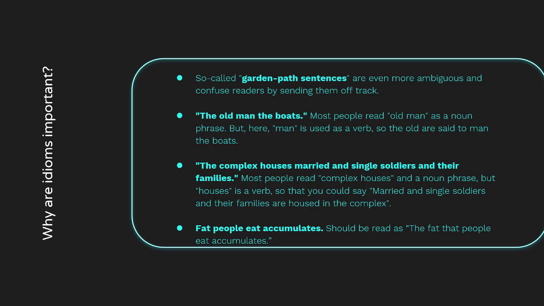The last one is another classic garden path sentence. And again, it took me a while to figure out. Fat people eat accumulates just seems like a bunch of words, not a sentence. But if you read it as the fat that people eat accumulates, it makes more sense. Ambiguous, it's confusing.